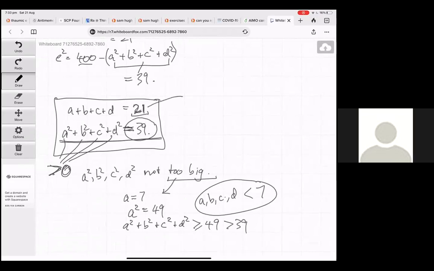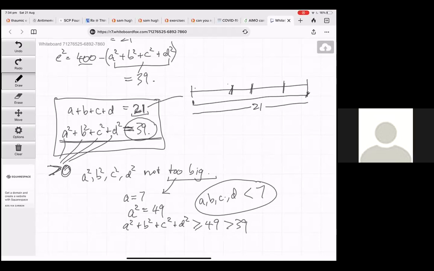21. So I've got 4 numbers that I want to add together to give me a value of 21. So if 21 is the length of this interval, I'm basically trying to chop it up into 4 components such that they add together to give 21.